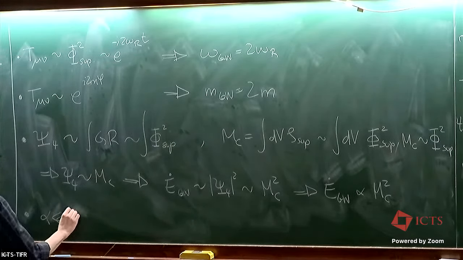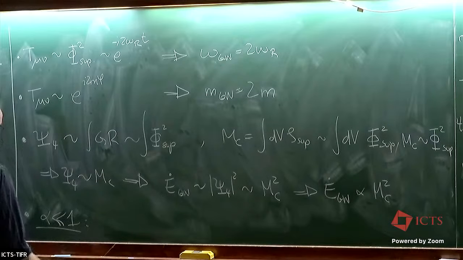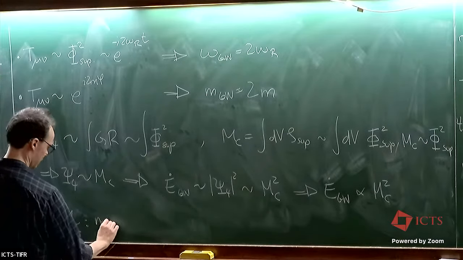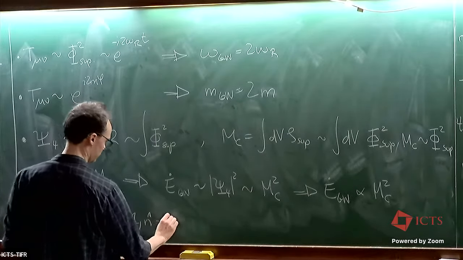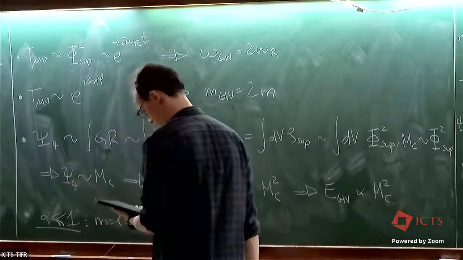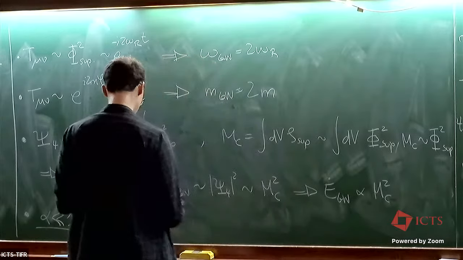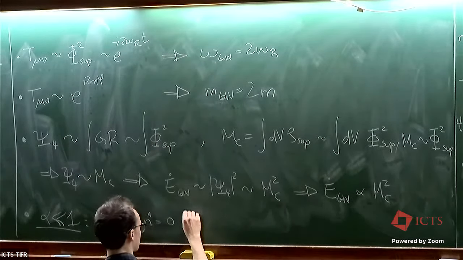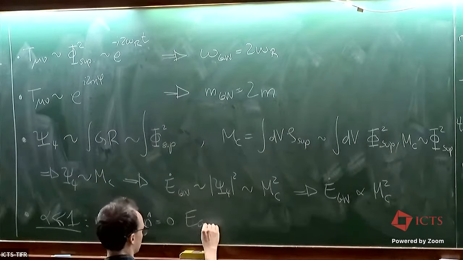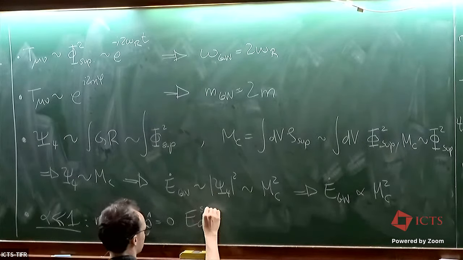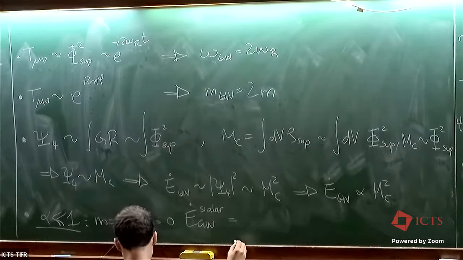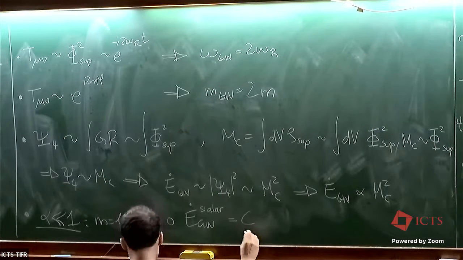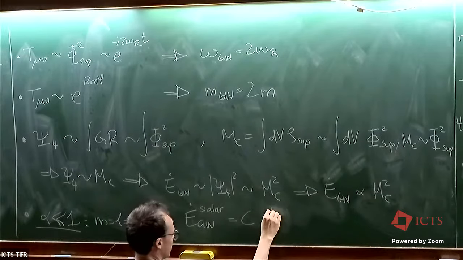So for alpha much smaller than 1, and for the m equals L equals 1 and 0 overtone state, we get that the gravitational wave energy flux from the scalar cloud is equal to C, where C is some number that I'm going to give you in a second.